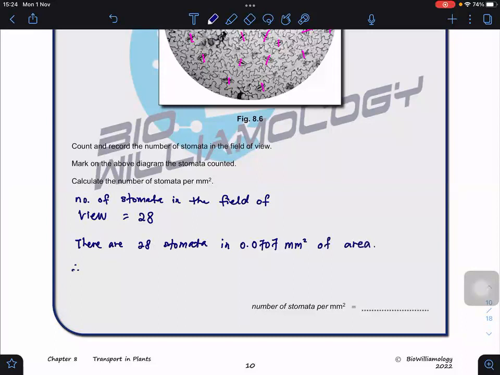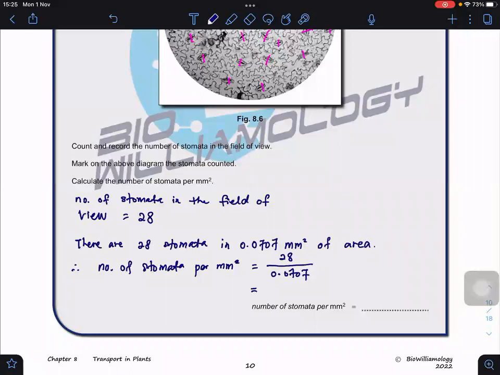Therefore, the number of stomata per mm squared will equal 28 divided by the area, 0.0707.